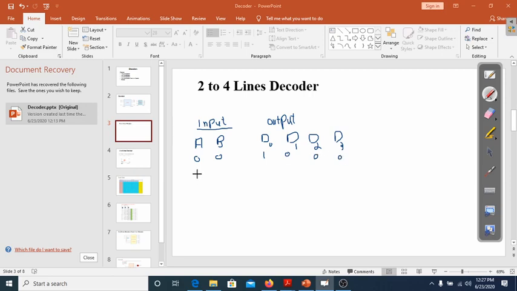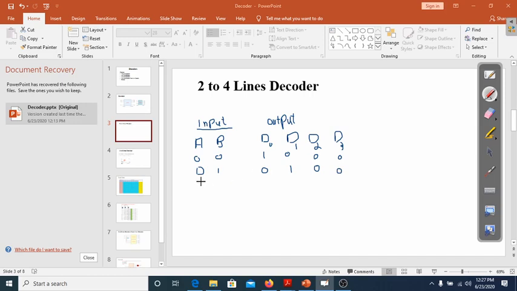For another combination, when A is equal to 0 and B is equal to 1, D0 is 0, D1 is 1, D2 is 0, D3 is 0.